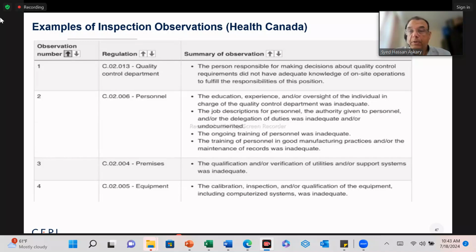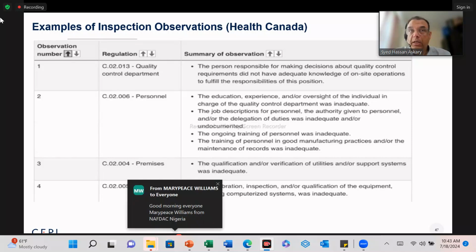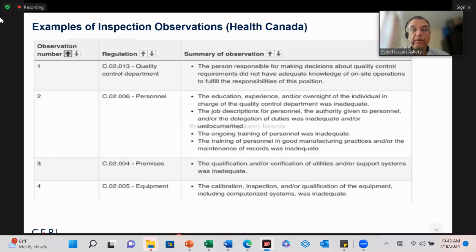What is the job description, and they look at the resume against the job description of the person who's performing that role. Ongoing training is very critical. GMP training, the annual GMP training record has to be updated before any inspection.